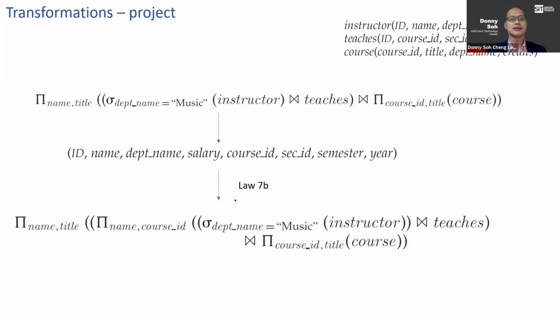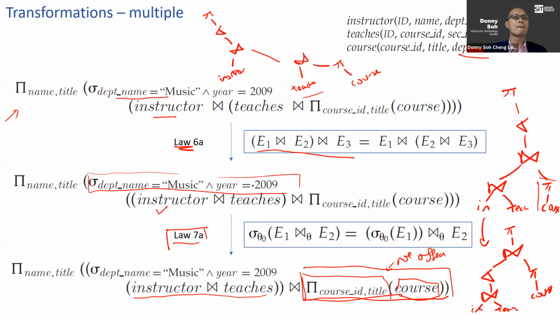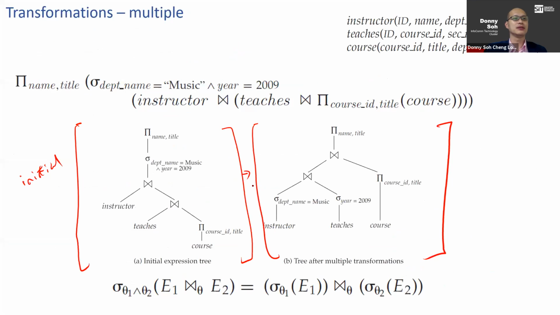Let me see what is happening here. Maybe it's not 7B. Let me see what it should be. No, 8. Yeah, maybe I should say 8.